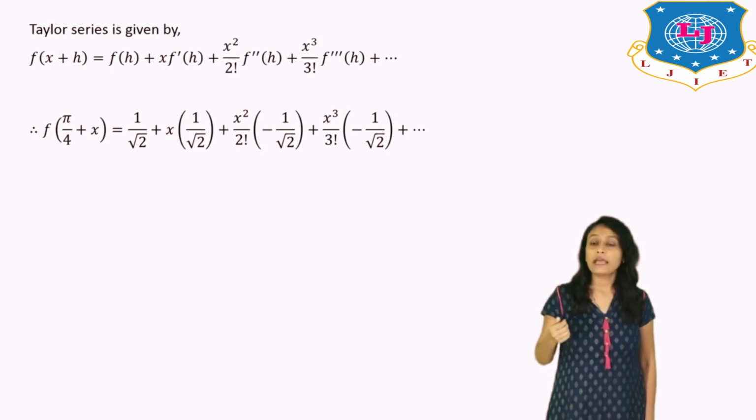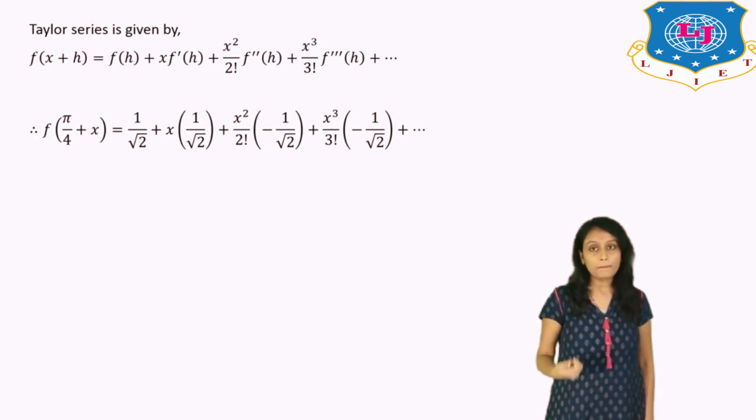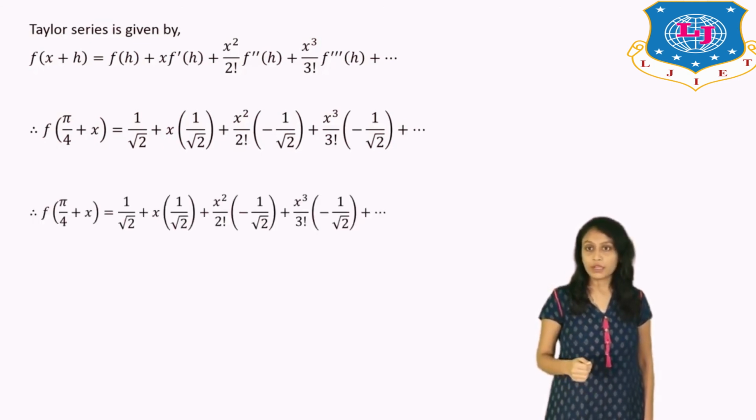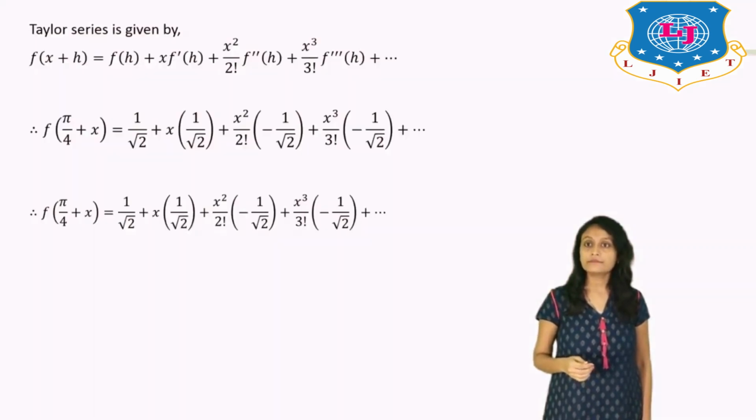So f of x plus pi by 4, that is f of h, is 1 upon root 2, then f dash of h is 1 upon root 2 again. x is kept as it is, then plus x square upon 2 factorial as it is, f double dash h, that is minus 1 upon root 2, plus x cube upon 3 factorial as it is, and f triple dash of h is minus 1 upon root 2. Just simplify it, and you will get the answer.